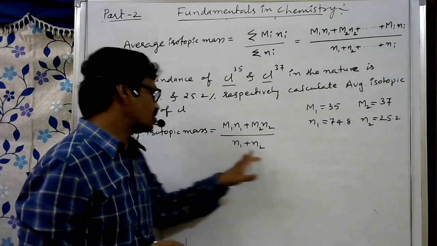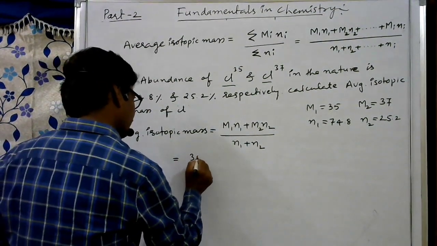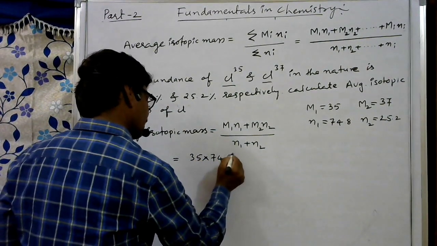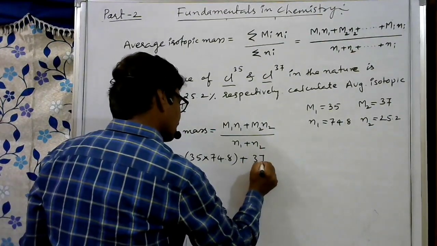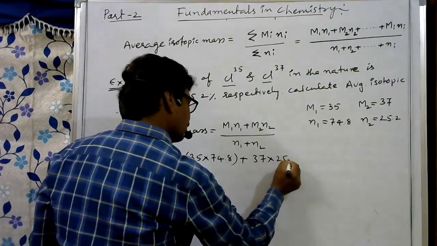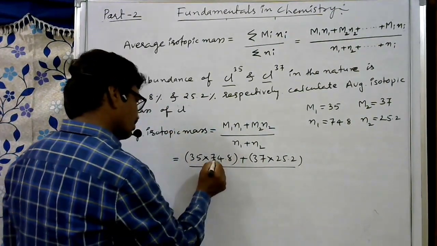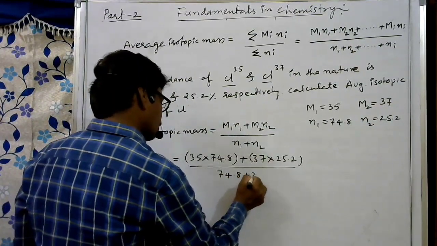So these values you have to substitute here. M1 is 35 into 74.8, plus m2 is 37 into 25.2, divided by n1 plus n2. N1 is 74.8 plus 25.2.